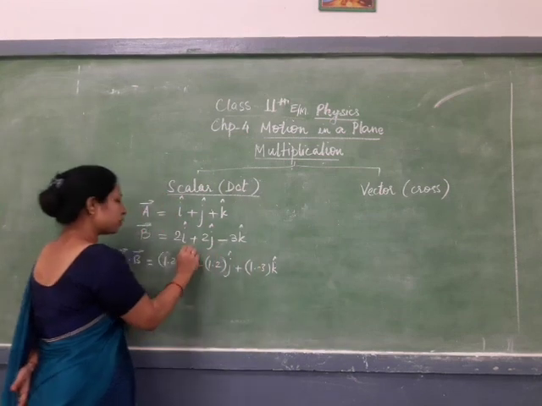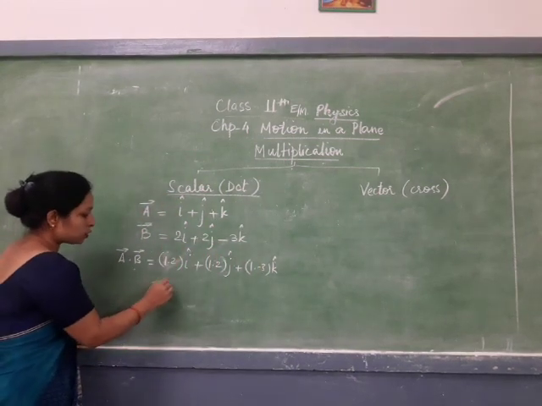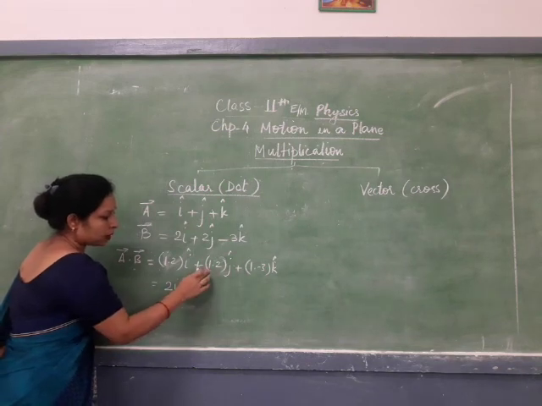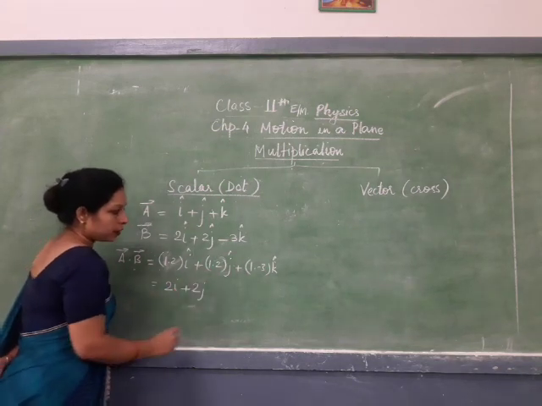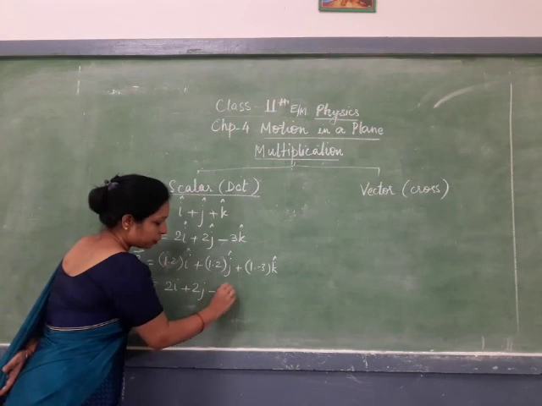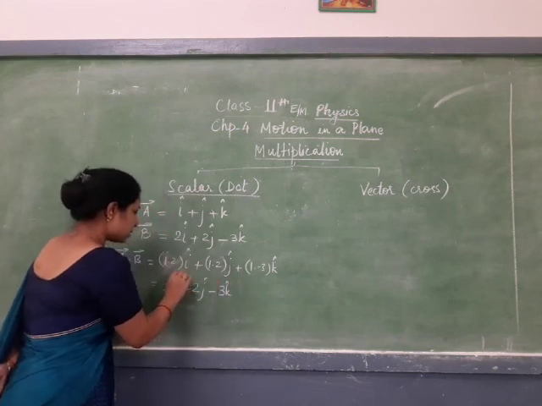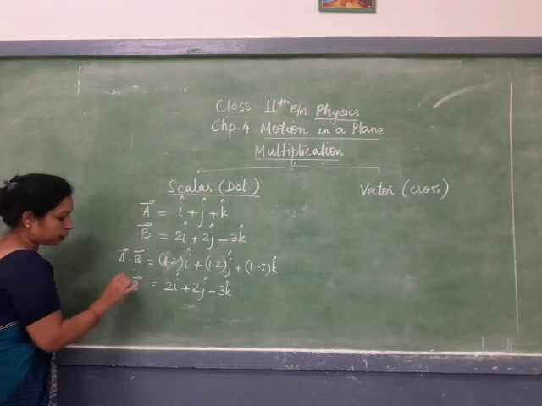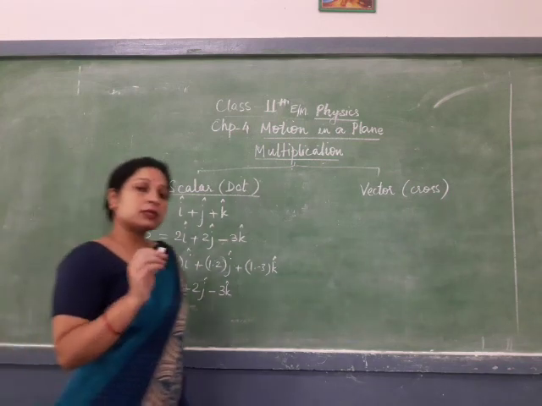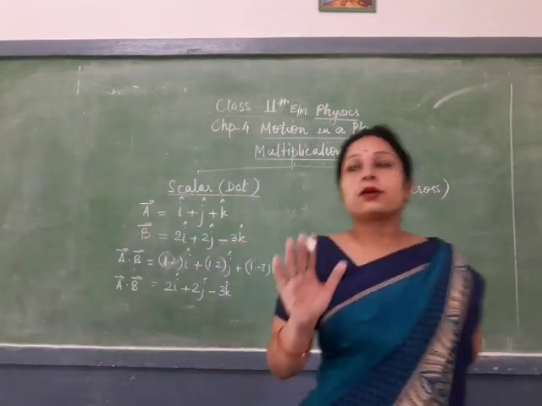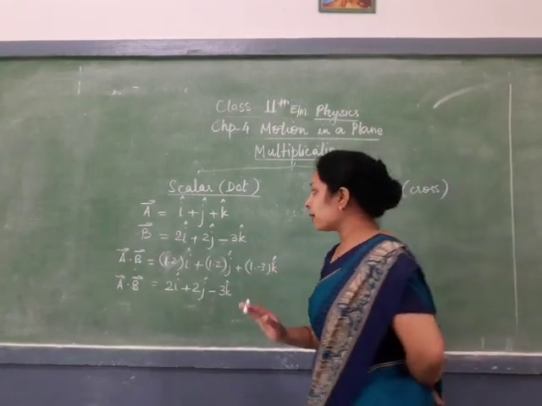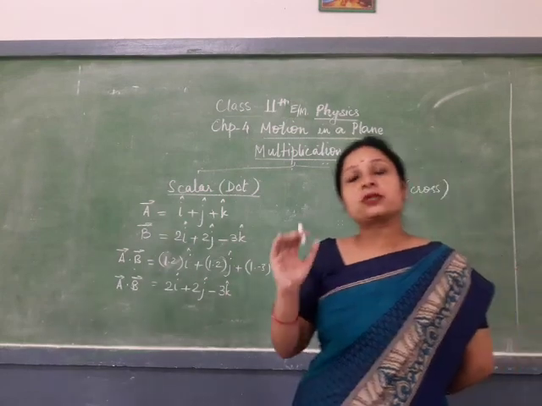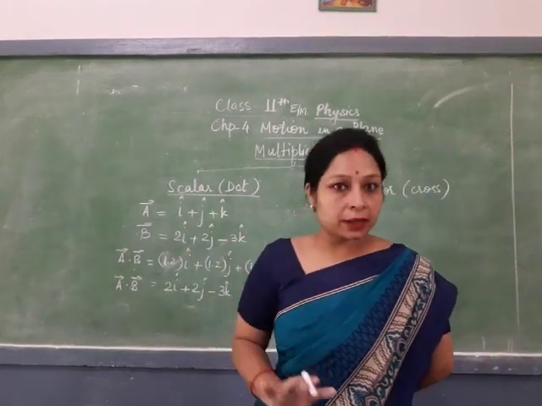So these are the three terms. Hence you will get 2i plus 2j minus 3k. So this is the dot product of vector A and vector B. This is a simple relation. For this you only have to multiply i with i, j with j and k with k.